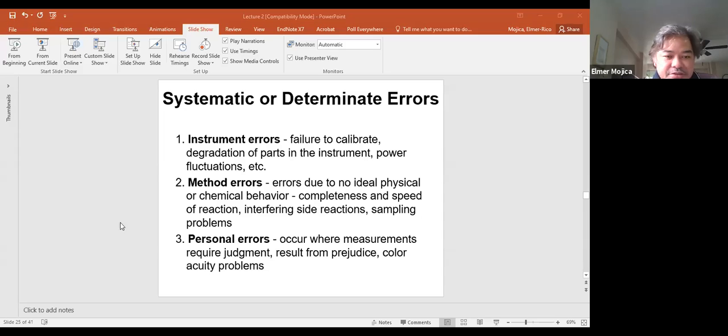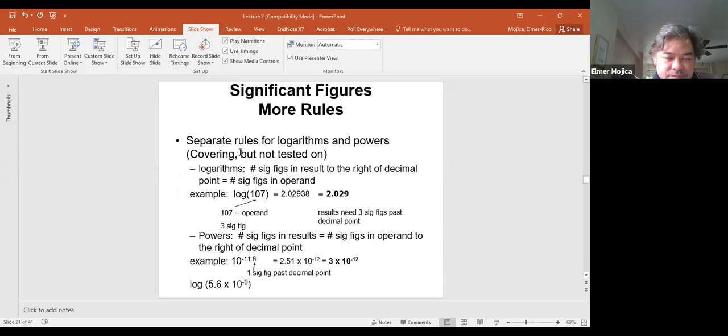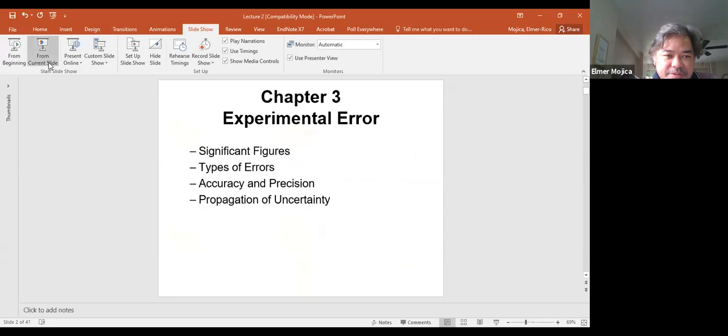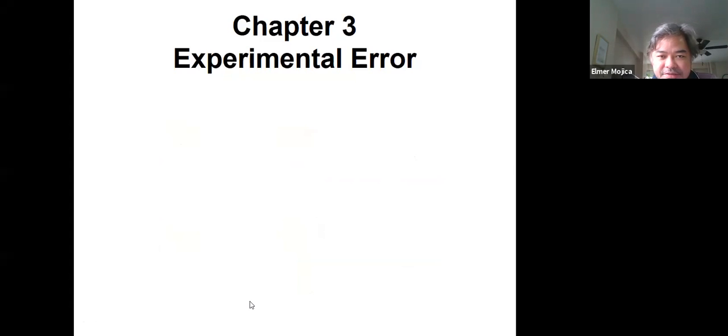We're going to do chapter 2. So we're going to do experimental error. So what do we include in this error?